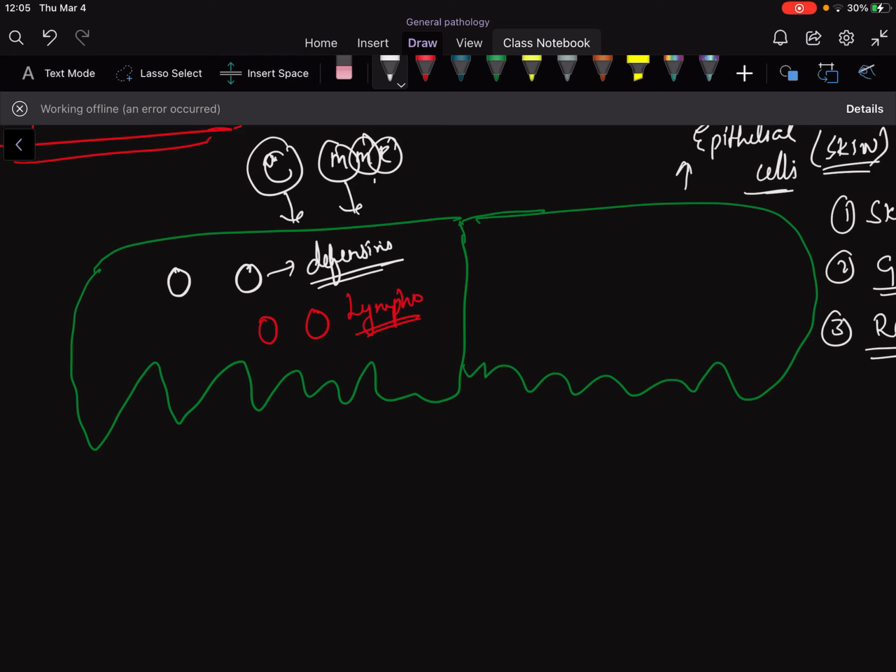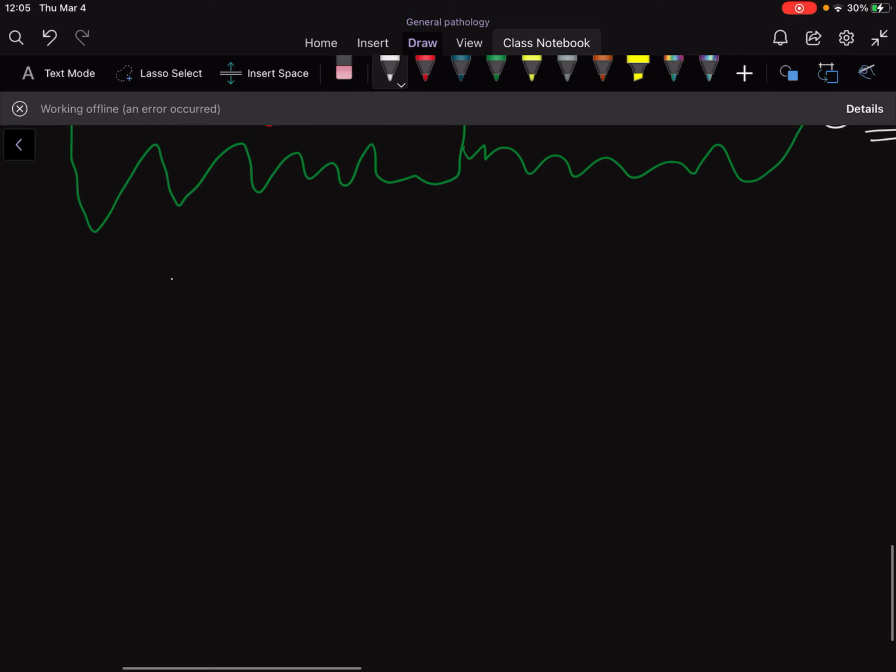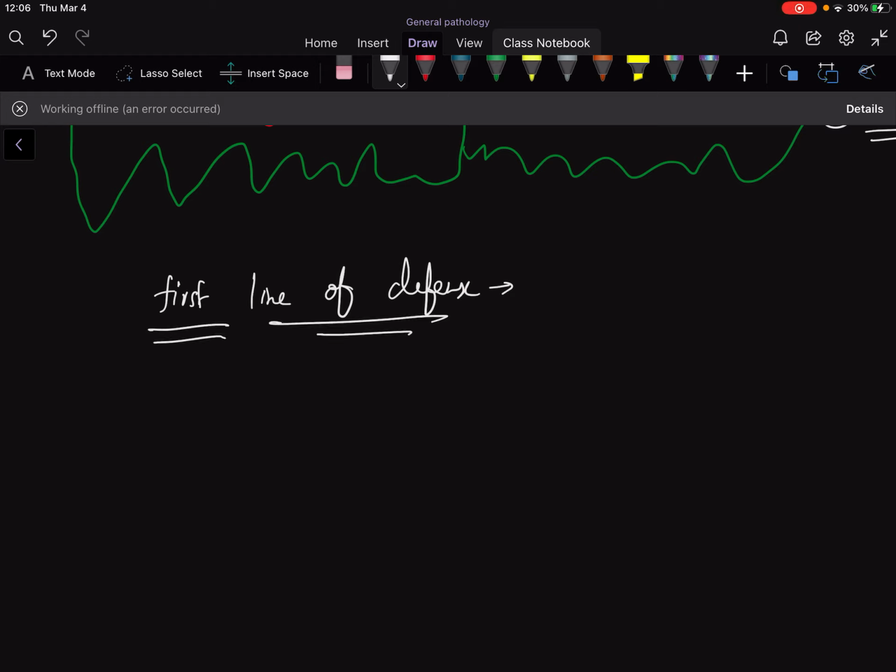They are the first line of defense. What is the first line of defense? Obviously it is innate immunity, because skin is protecting you from all the microbes outside in the world, right? So it is also called the innate immunity.